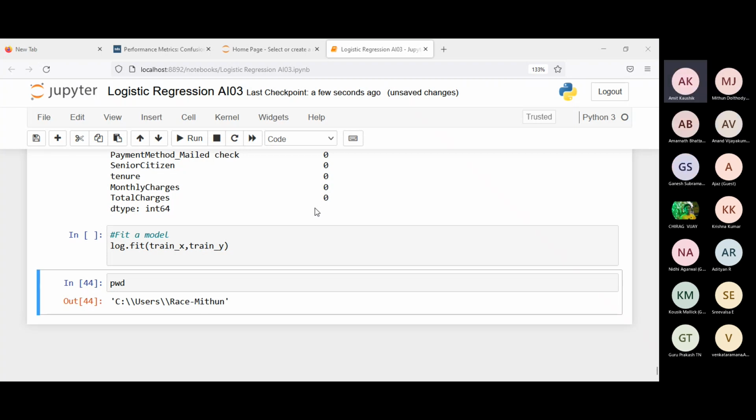Maybe I'll restart the kernel. Reva, I mean race.reva.edu.in.